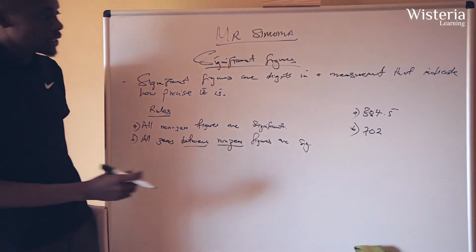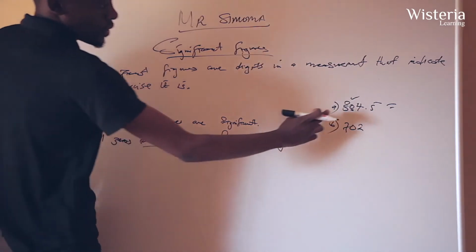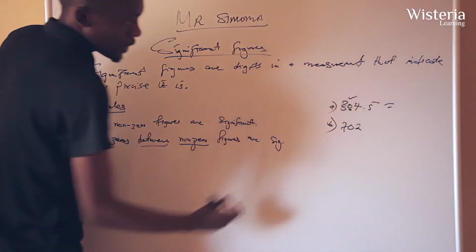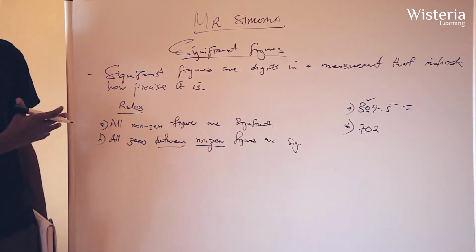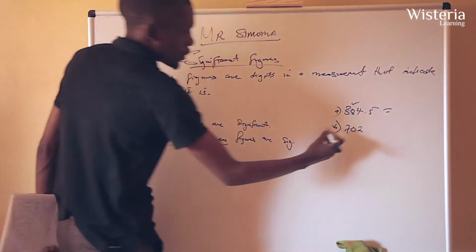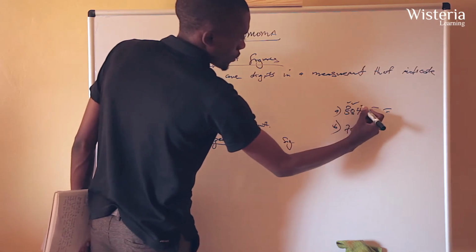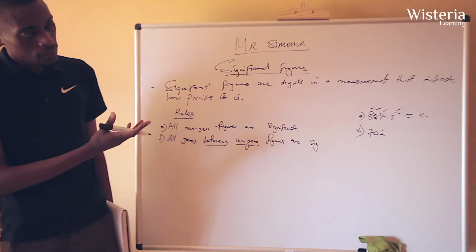So in this value, this zero is important, and since the 3, the 4, and the 5 are non-zero values, according to rule number 1, those values also become significant. Therefore, we have 1, 2, 3, 4 significant figures in that value.